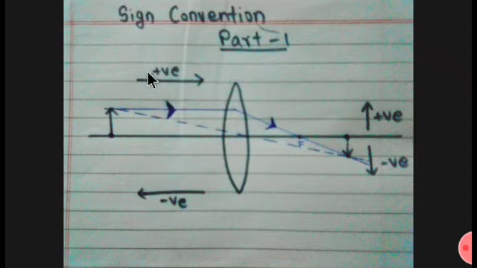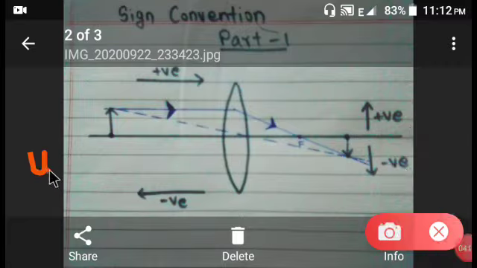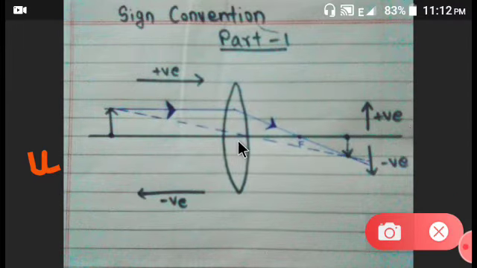Then the second rule: each time you measure u, the object distance, you must start from the optical center of the lens and extend till the object.